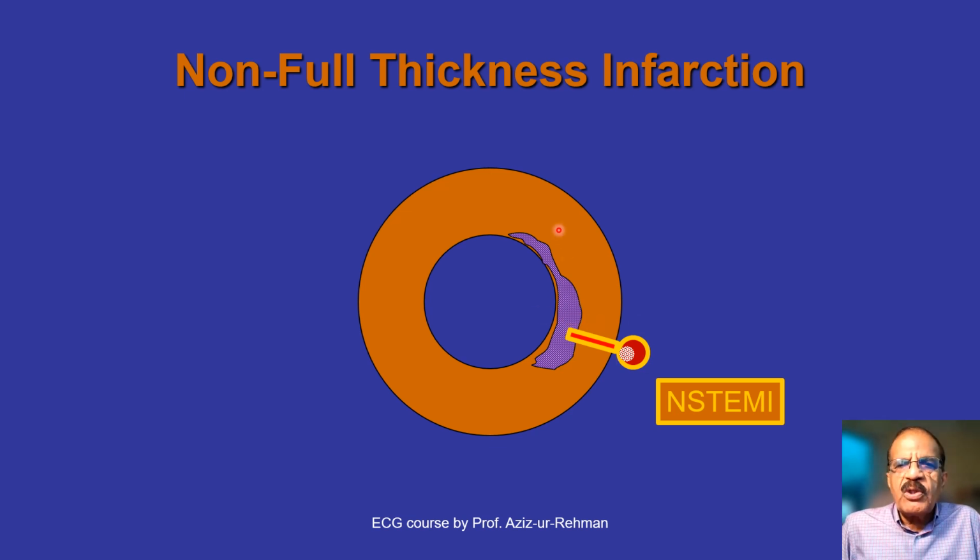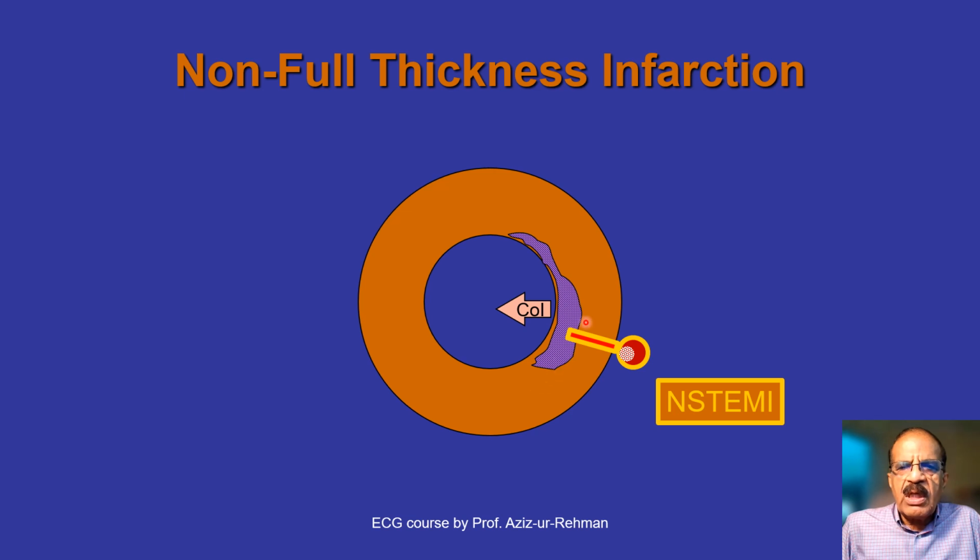Previously it used to be called subendocardial infarction, but these days we do not use the words subendocardial, subepicardial or intramural. We just use the word NSTEMI based on ECG changes. Now, this type of infarction would cause classical ECG changes.